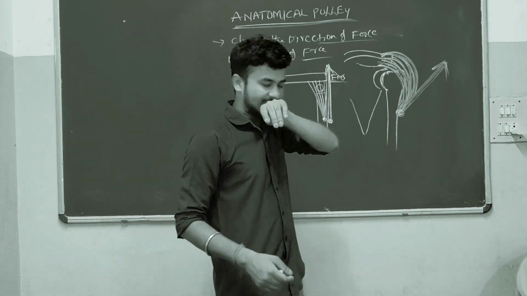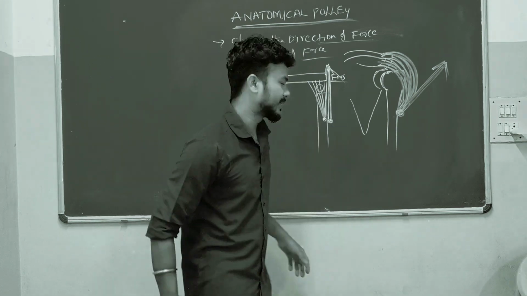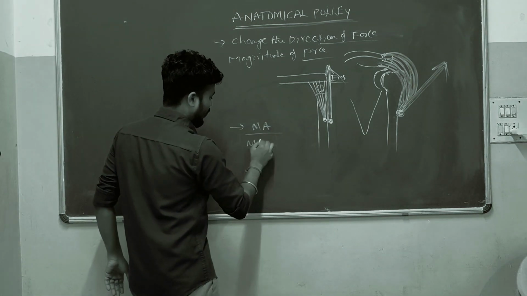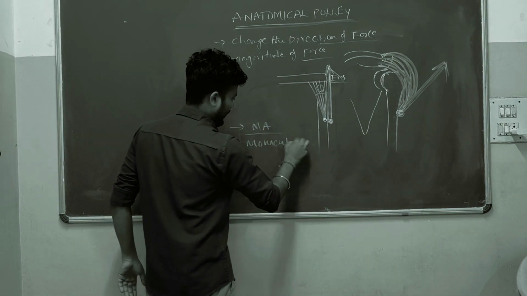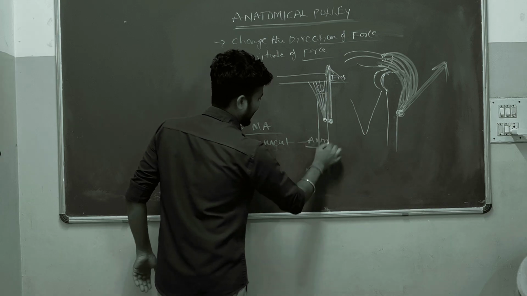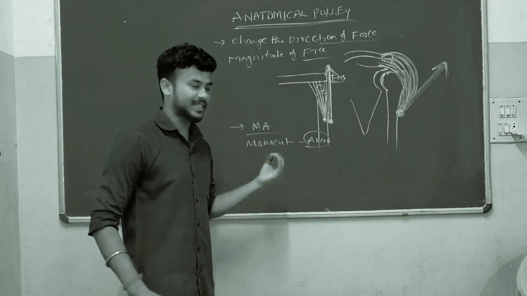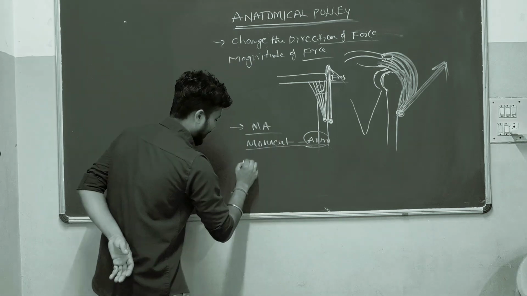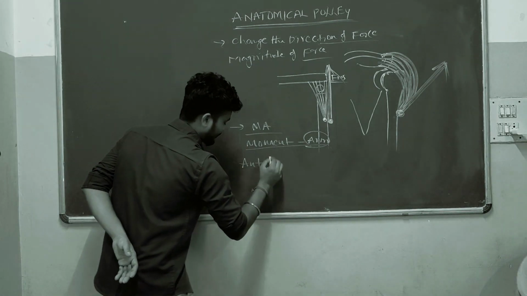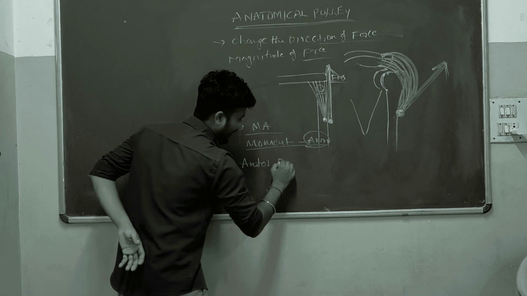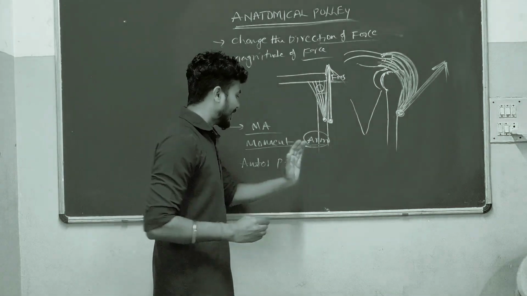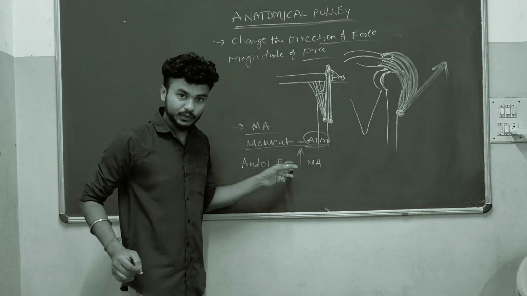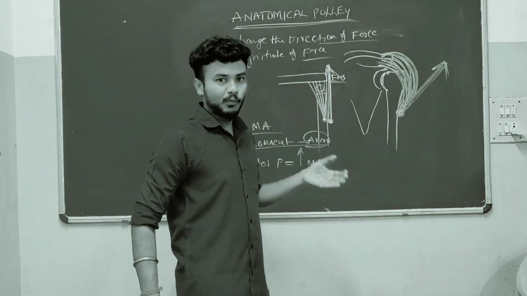One more point I will tell that we will discuss later. That point is moment arm. We will discuss it later. But here as an example, the anatomical pulley is going to increase the moment arm.